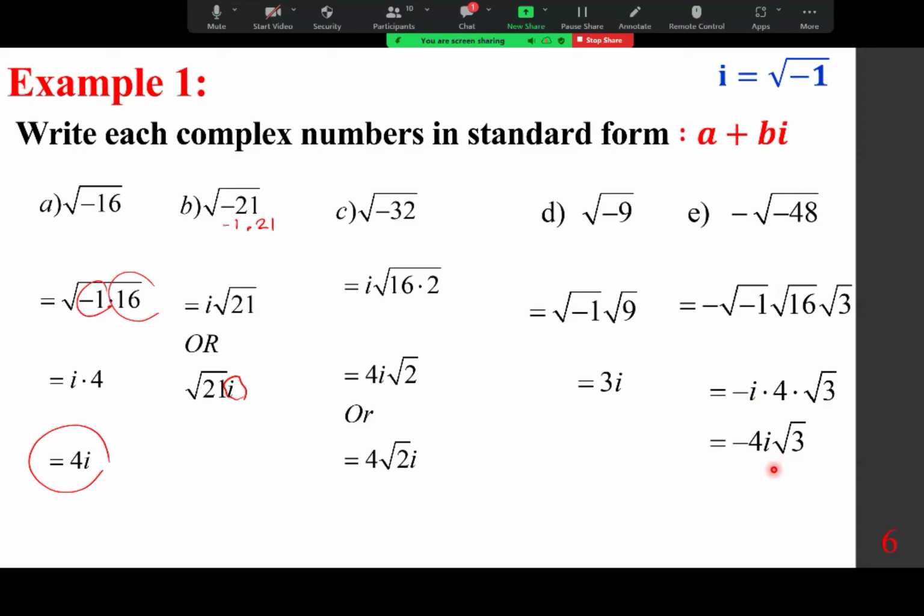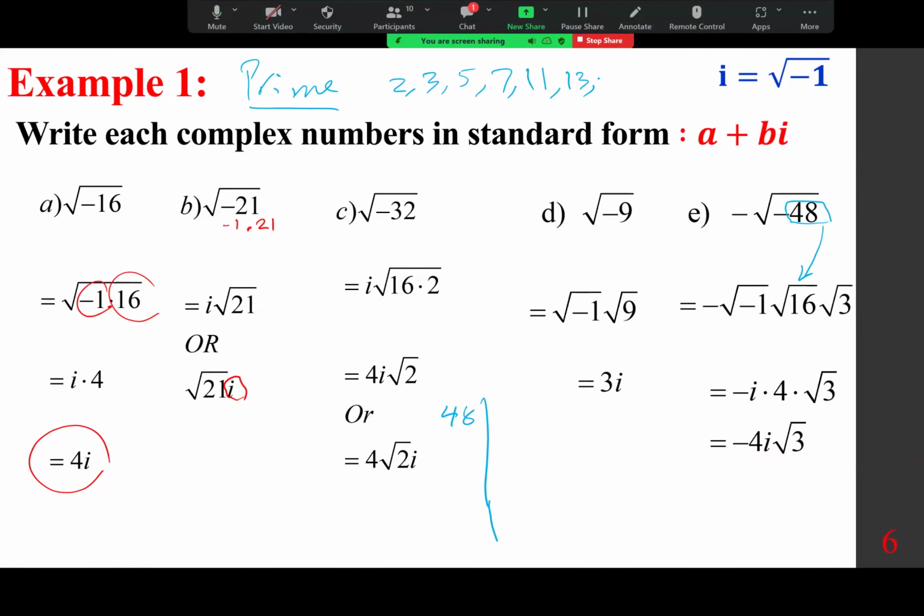Okay. Now, what I want to show you, in case anybody has any problem with this number and how we ended up with that, you can do the factoring as follows. Everybody remembers prime numbers, right? 2, 3, 5, 7, 11, 13, 17, 19, continues indefinitely.